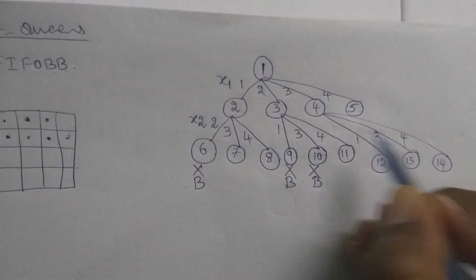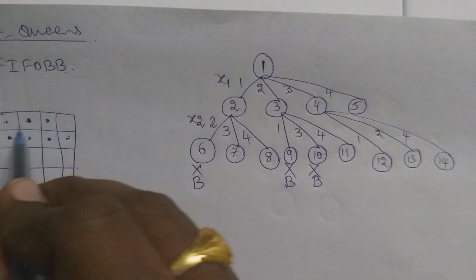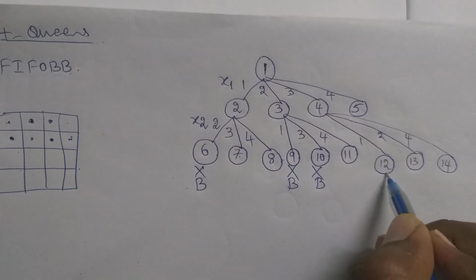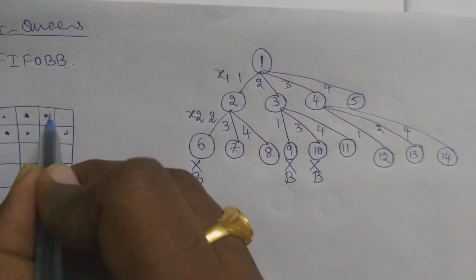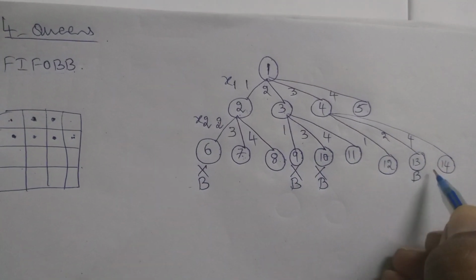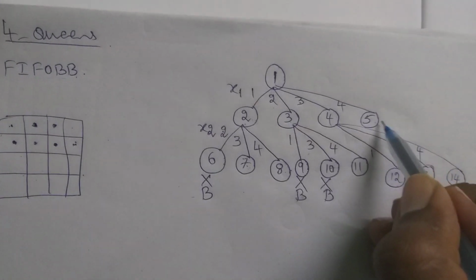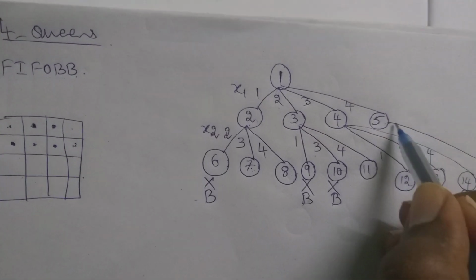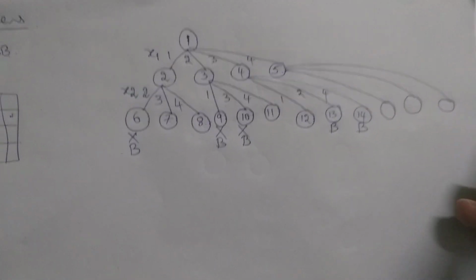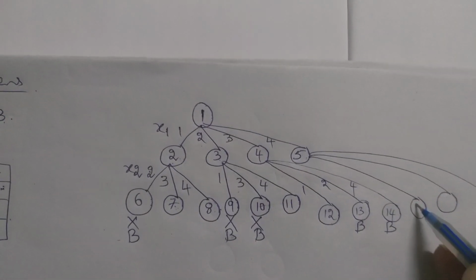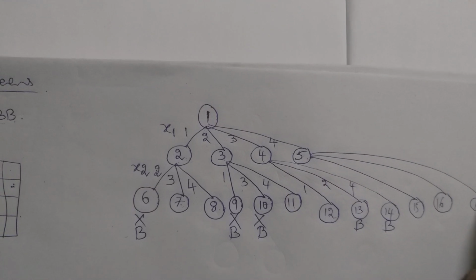Can I place queen 2 in the first column? Yes, no problem. Can I place queen 2 in the second column? It attacks, the bounding condition fails. Column 4 also attacks, the bounding condition fails. For 5, the next node we should expand is node number 5, generating 15, 16 and 17.